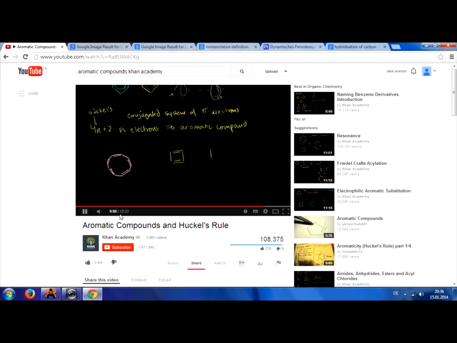So 1, 2, 3, 4, 5, 6, 7, 8, that had double bonds that alternated like this. You might say, hey, maybe those also are aromatic compounds. Those also experience aromaticity, because couldn't this guy jump around here and then that guy over there and the electrons cycle around, or this guy jump over, these electrons move there, those move there, those move there, and those move there.